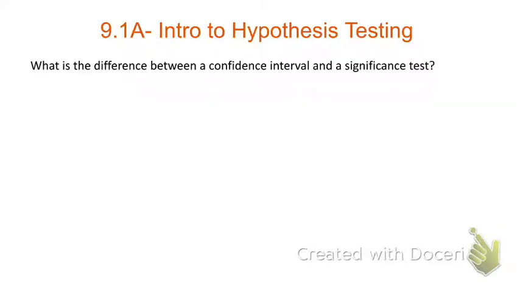So last unit we were doing confidence intervals. What was the goal of a confidence interval? Why did we make those confidence intervals? Okay, good. We wanted to balance our risk of being incorrect. Good. And what were those confidence intervals doing?